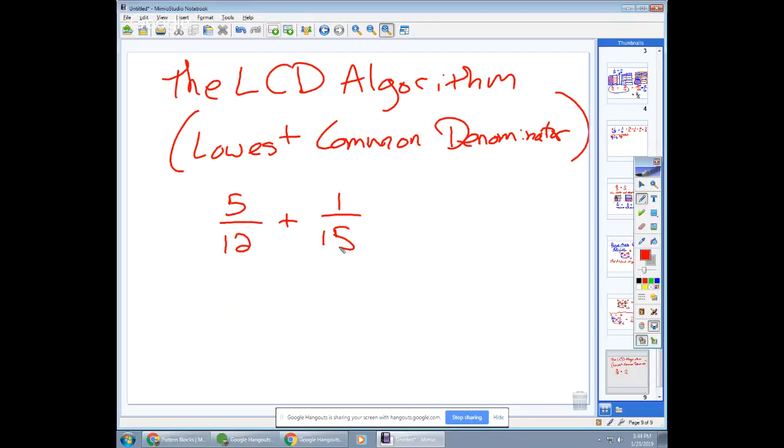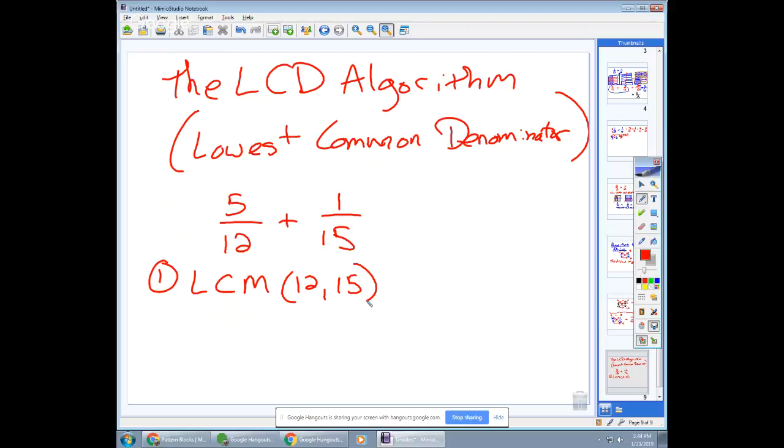Okay, so lowest common denominator algorithm says step 1, find the lowest common multiple of 12 and 15. What's the smallest number that they both go into? No, that's divisor. We need a number that both 12 and 15 go into, a multiple of 12. So for example, 24, 36.